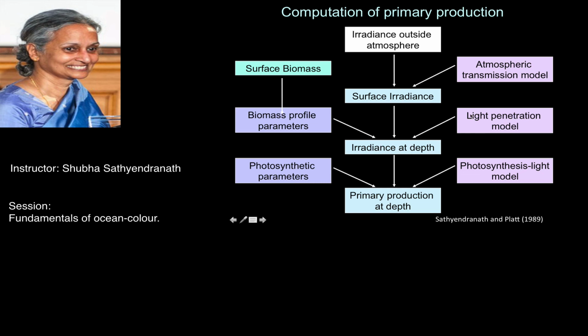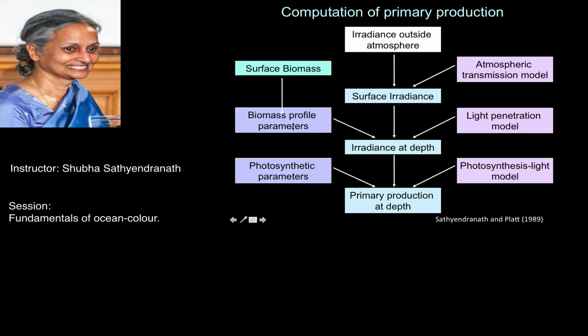To do this light penetration calculation, you will need the profile parameters if you want to assign a deep chlorophyll maximum. And if you are in a remote sensing context, you will have the surface biomass from satellites. Then you need some combining of in situ and satellite observations to define the chlorophyll profile values at each depth.